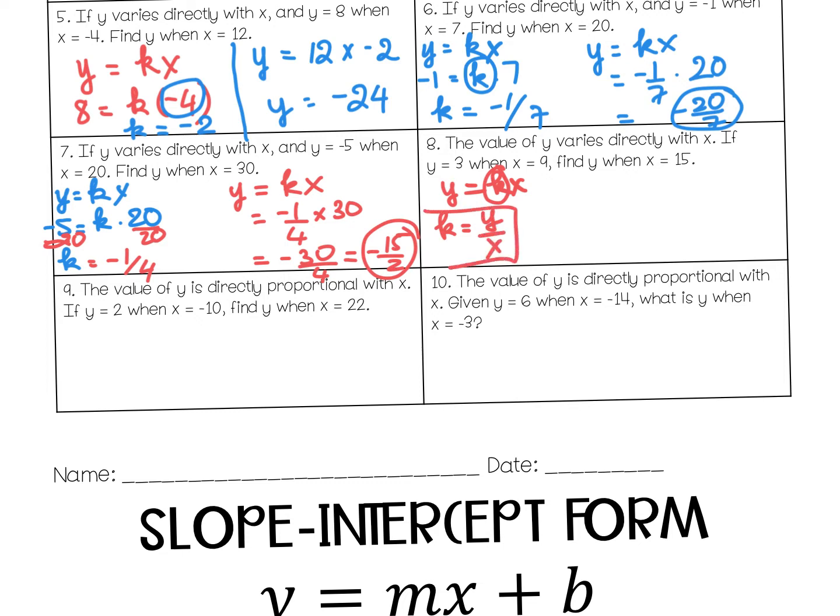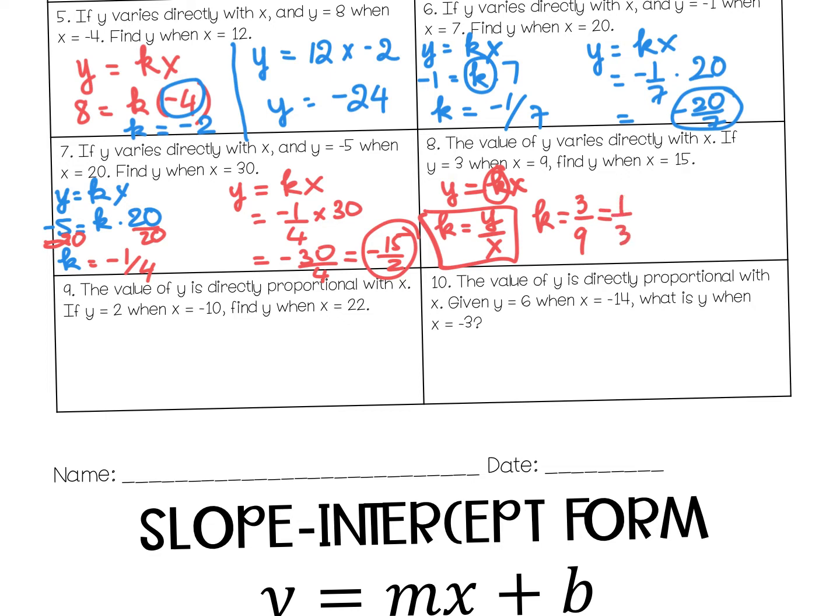You can use this formula to find k, and remember that. So if I need to find k when y is 3 and x is 9, k equal to y divided by x, 3 over 9, which is 1/3. That's how you do it.